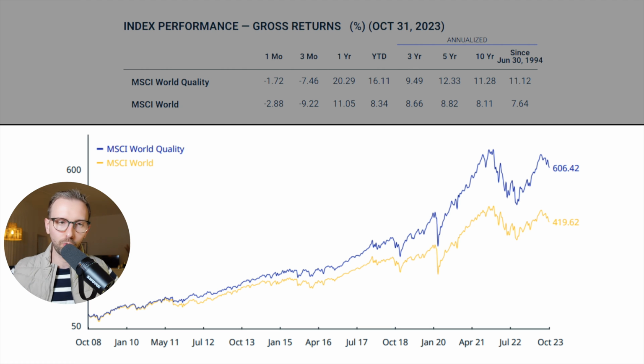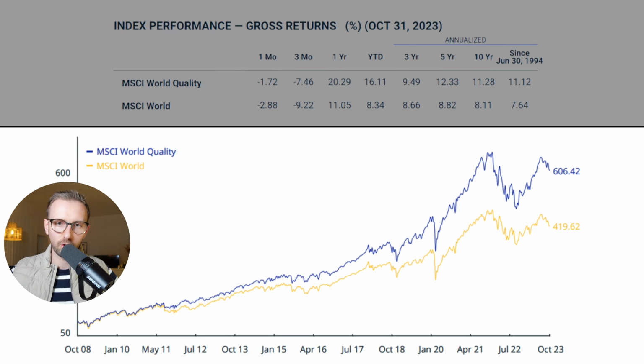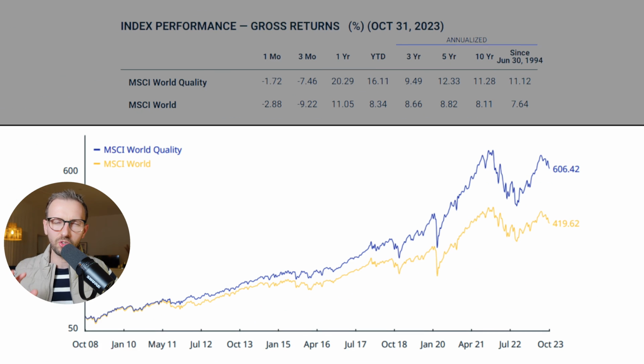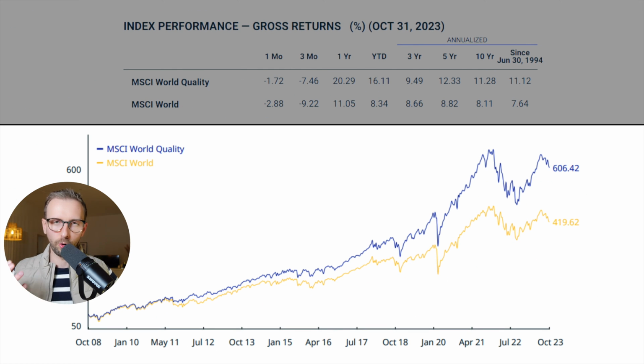And that's also true over the very long term. So if you look at the top, since 1994, the MSCI World Quality Index has compounded at a rate of 11.12%. So that's pretty much a 30-year time period. And the MSCI World Index has compounded, quote unquote, only at a rate of 7.64%. So that's definitely a very significant compounded return difference.